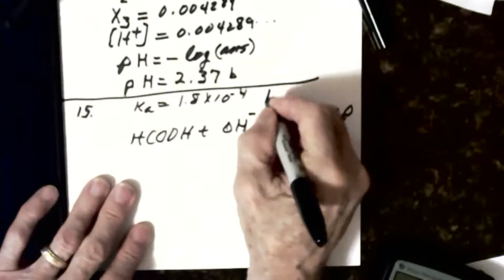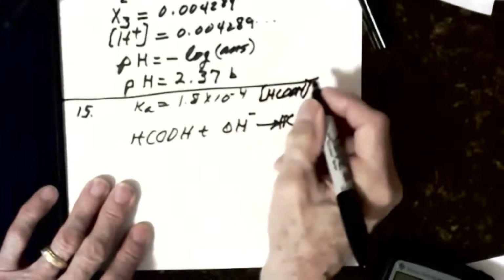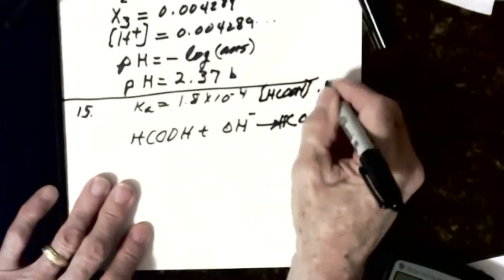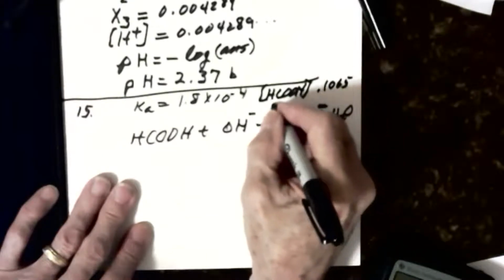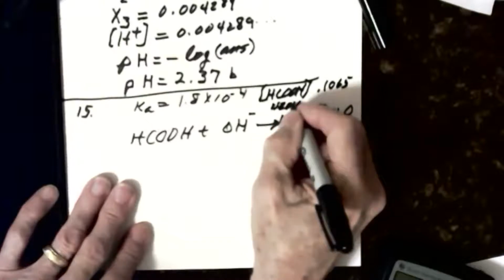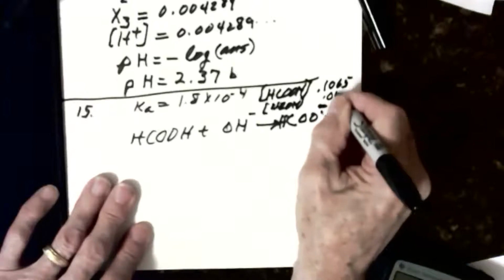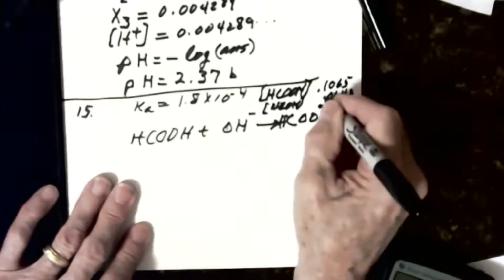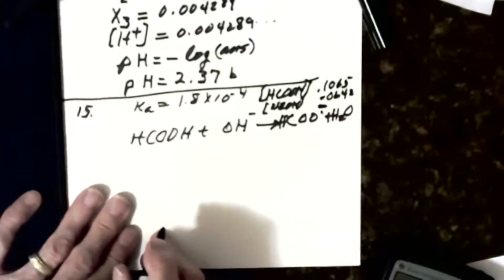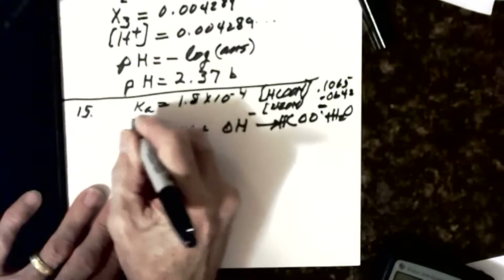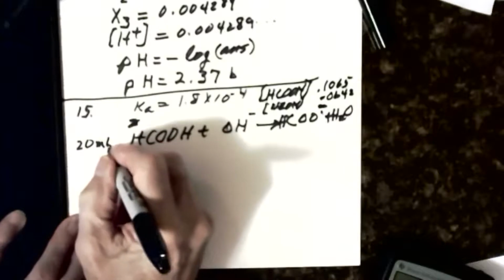The molarity of the HCOOH given in the problem was 0.1065, the NaOH was 0.0642, and we've added 20 milliliters of the base.